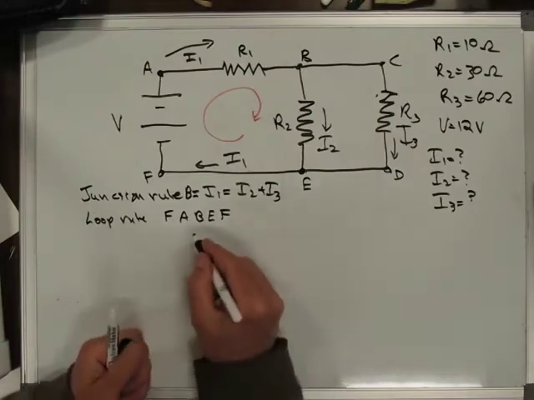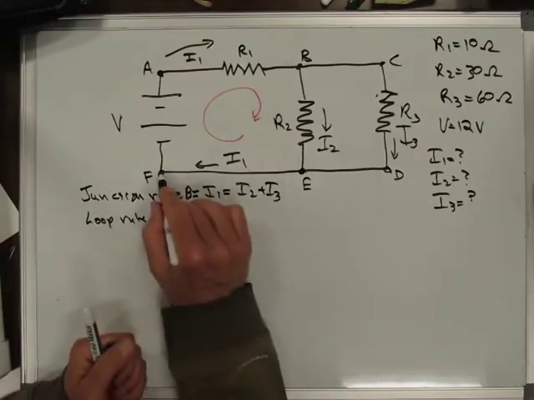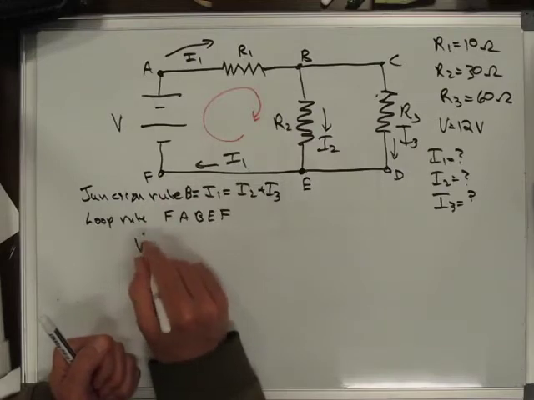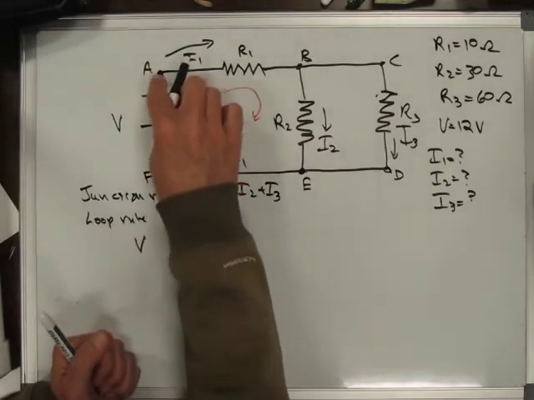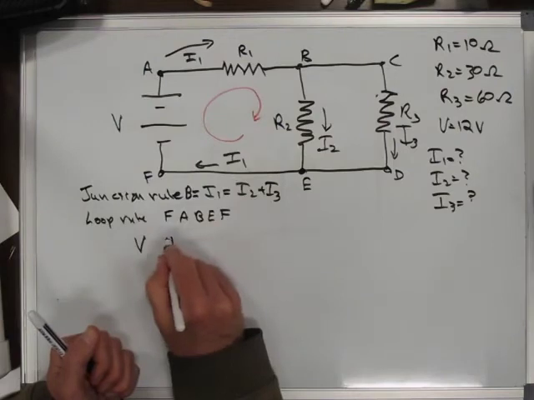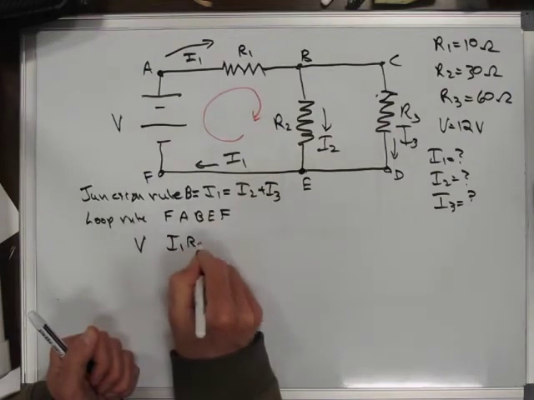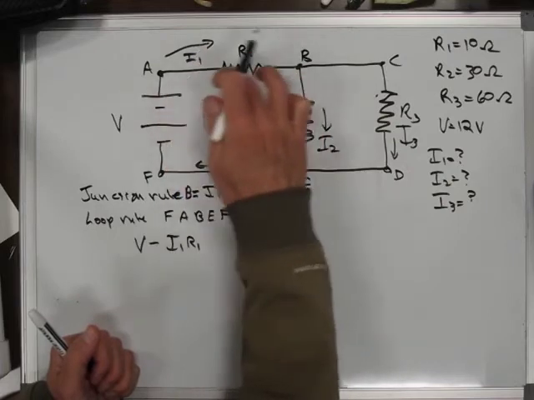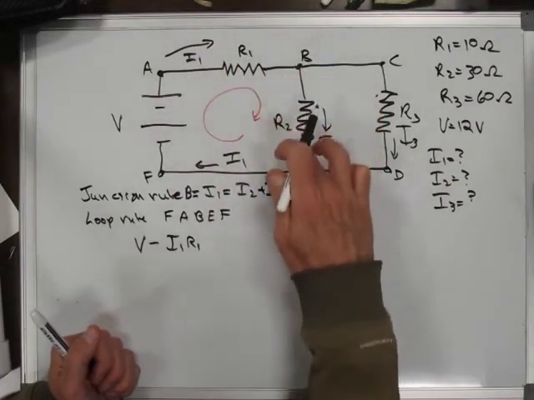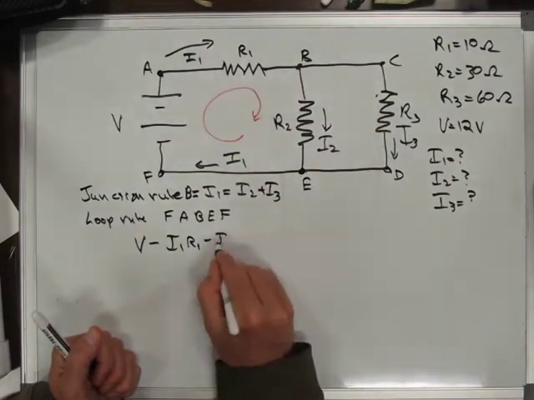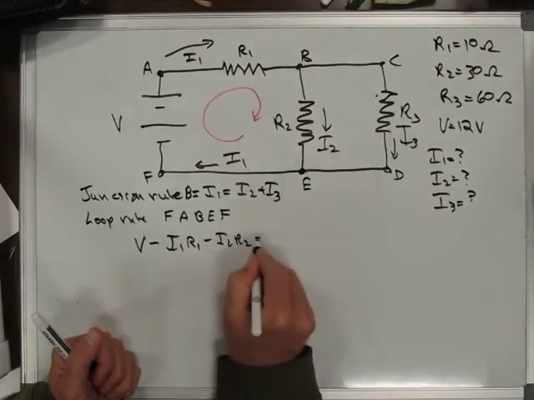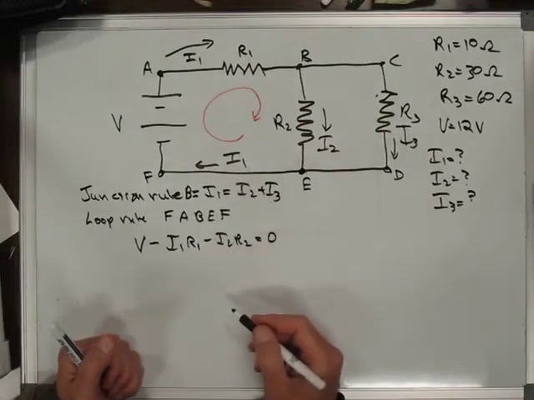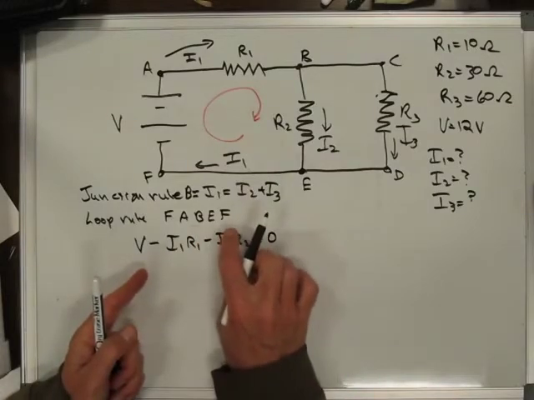And so if I do this, by going around the loop rule, I get V going from F to A, and then the next thing I cross is I1R1, and this guy is negative because I go across the resistor in the direction of the current, and then minus I2R2 equals 0. And so that's the loop rule for this loop.